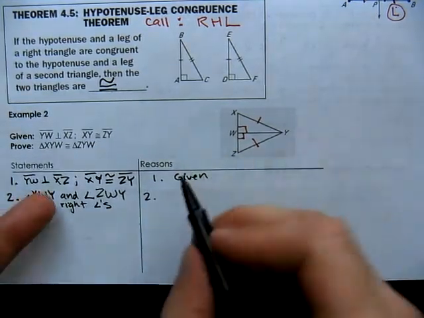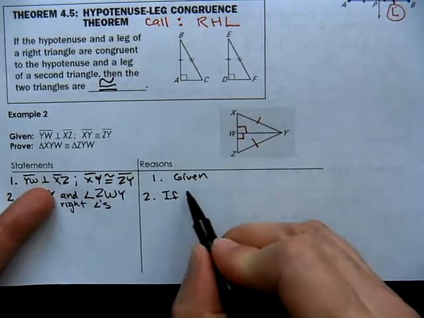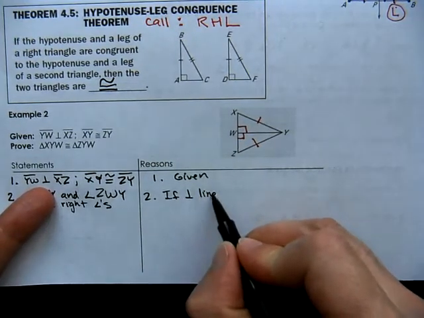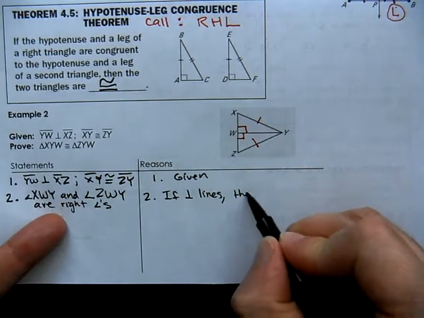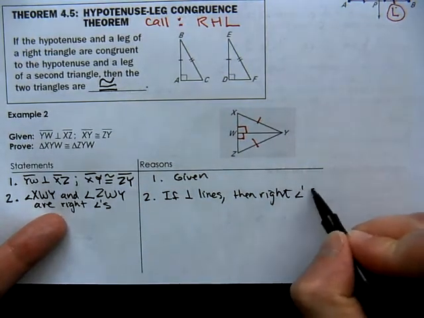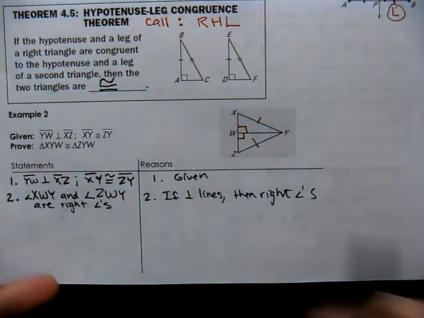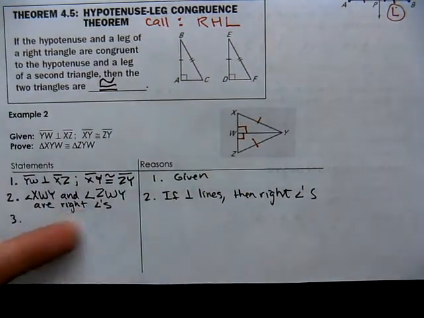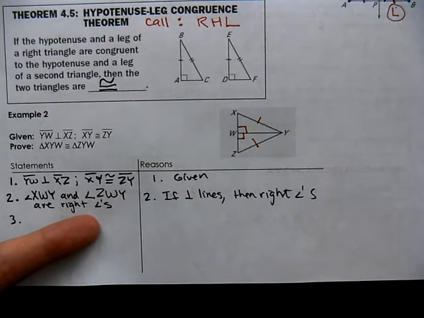And here's our if-then statement. If perpendicular lines, then right angles. So now that we know we have right angles, what do you think comes next about those right angles?